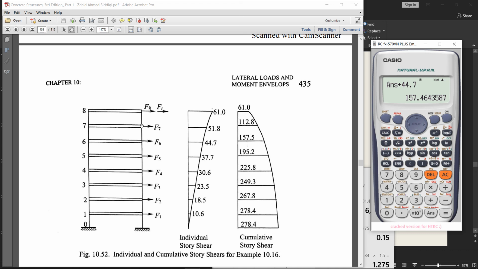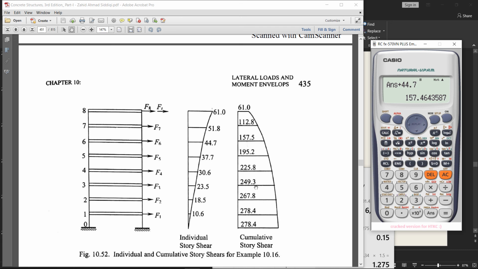So the lower floor should have more capacity than the upper floor, similarly downwards. So that's why we have to design the lower floor for the value of 278.4. Similarly, for the second floor, 267.8. Going up, we need to design our members according to this cumulative story shear.